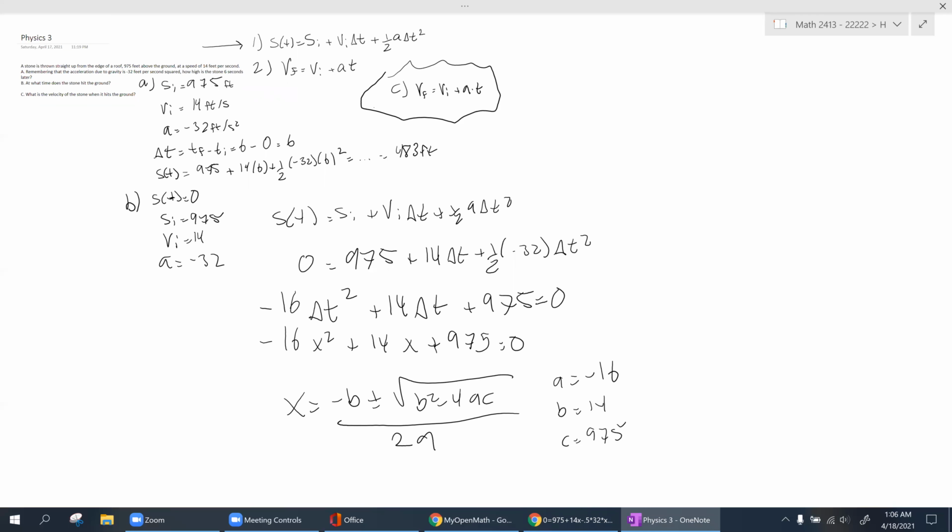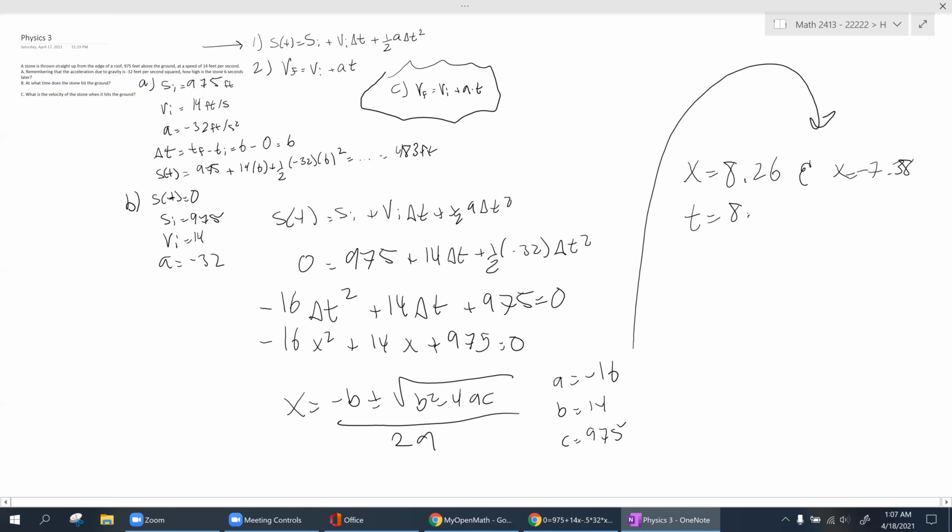Plug that in, and you're going to get two values. This is algebra, we know how to do this. One of your x values is going to be 8.26, and the other is going to be negative 7.38. But we're not dealing with x, we're dealing with time.